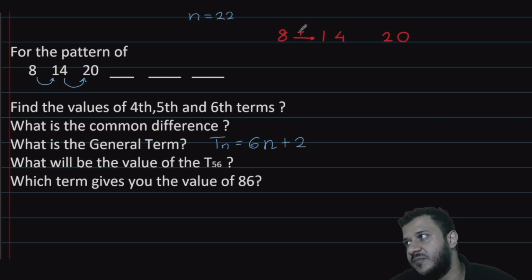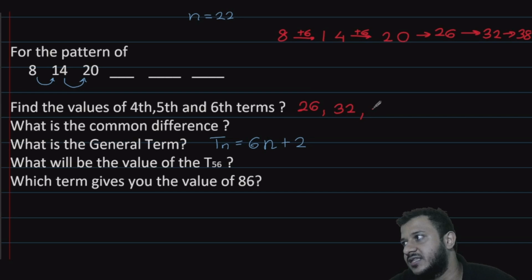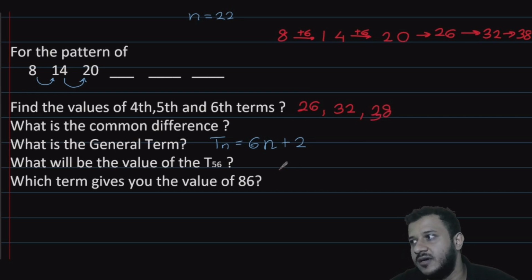We know it's going up by 6, isn't it? So the next term will be 26. The next term will be 32. And the next term will be 38. So our answers should be 26, 32, 38. And the common difference, we know it's going up by 6, so plus 6.